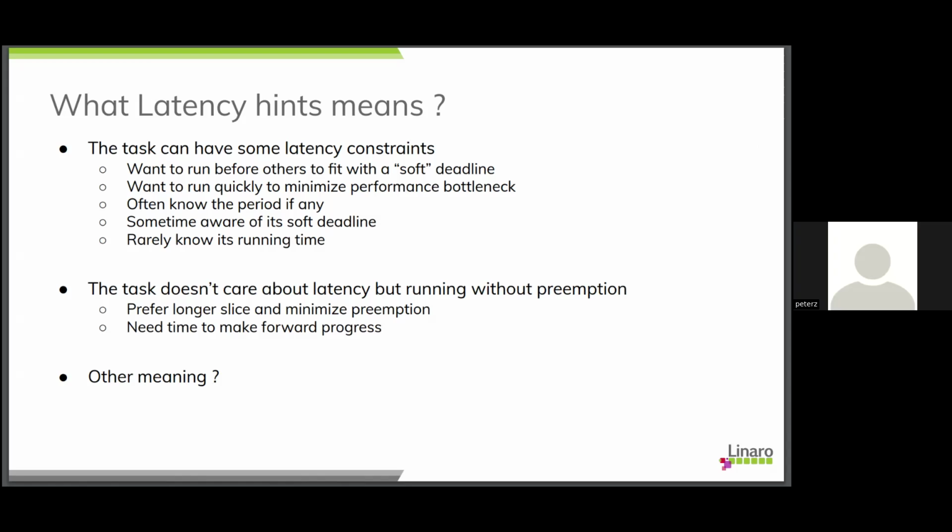So one of the points here is that the user rarely knows the running time, but the software itself, in these types of software that have a periodic setup, can fairly simply measure the running time. I mean, they keep doing the same thing over and over again. So take a reading of the thread local clock or task local clock before and after, and you know how long it's been.